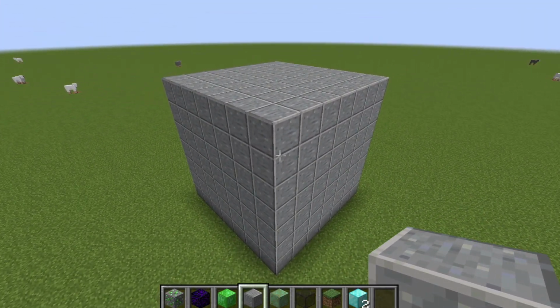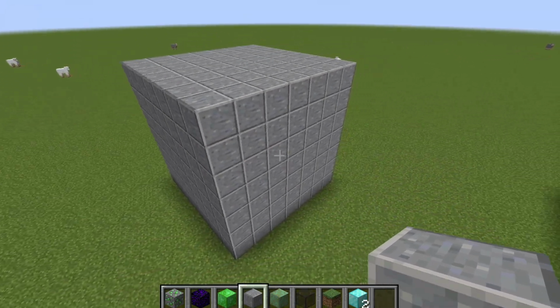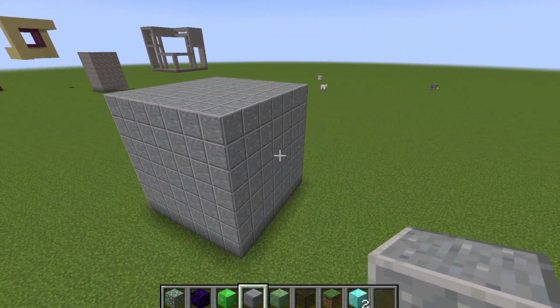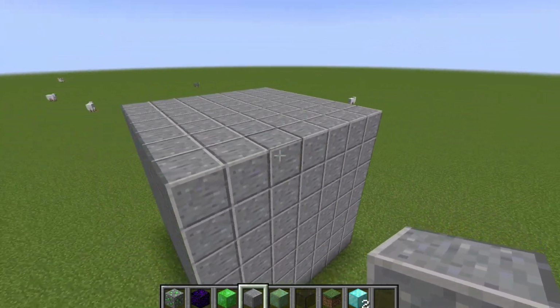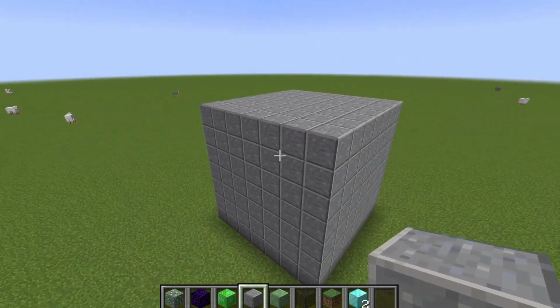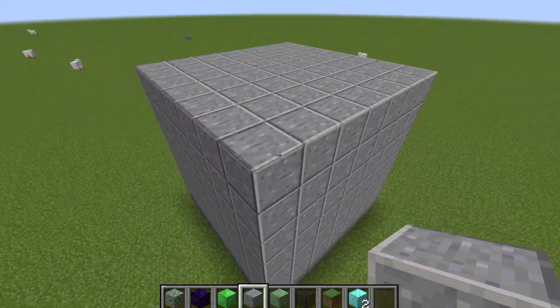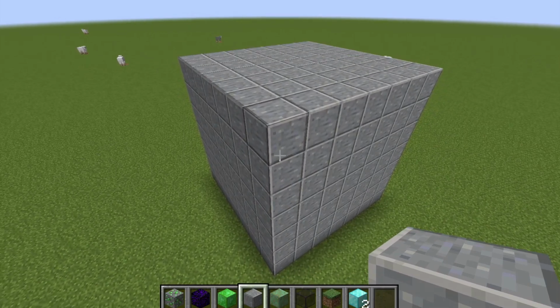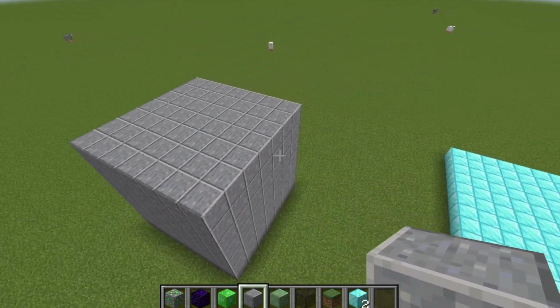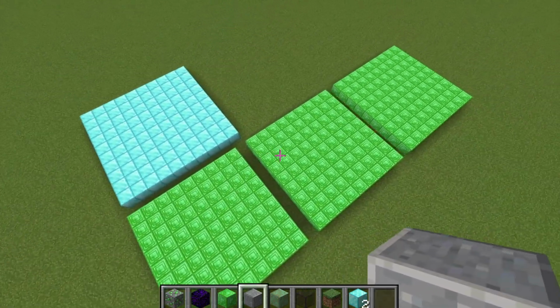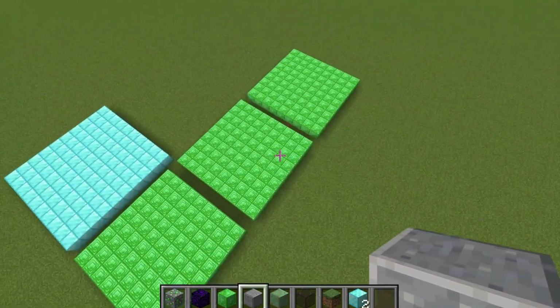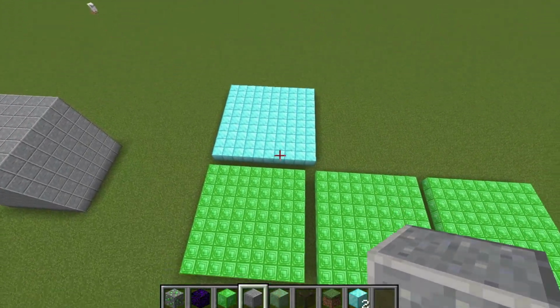That's 343 blocks in this cube. Ignore that stuff over there, that was just me messing around. Okay, so 343 blocks, which can also be arranged into 3 squares and a larger square.